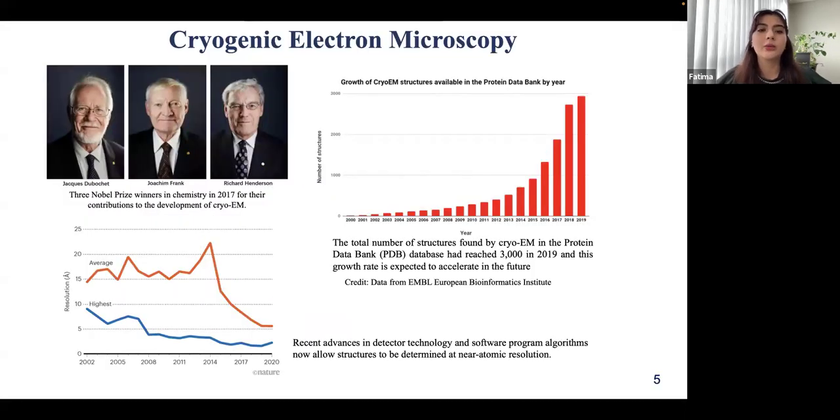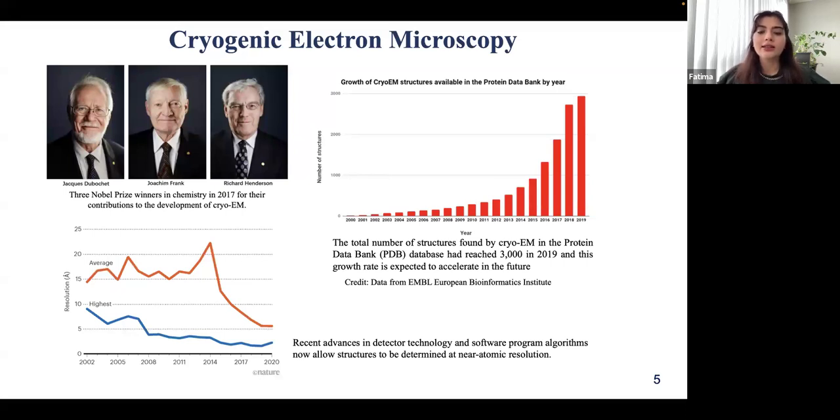So let's talk about cryo-EM. These are the three Nobel Prize winners in chemistry in 2017 for their contribution to the development of cryo-EM. And with recent progress in detector technology and software algorithms, now we can have a structure at near atomic resolution, around 3 angstrom, which is amazing.